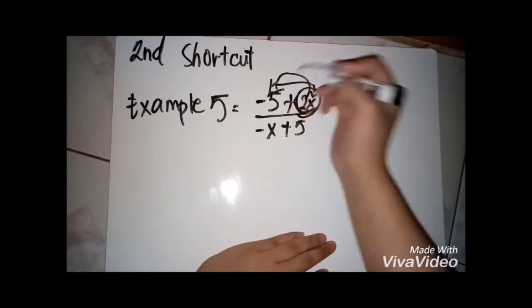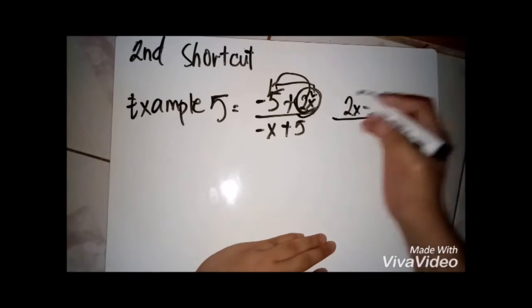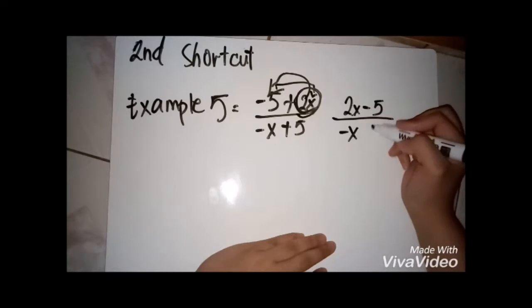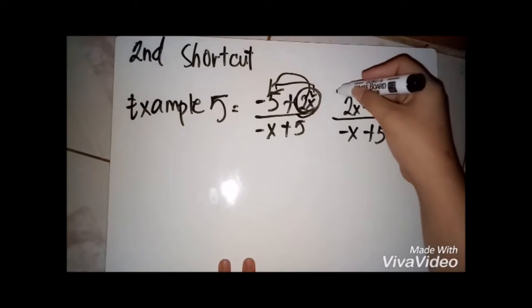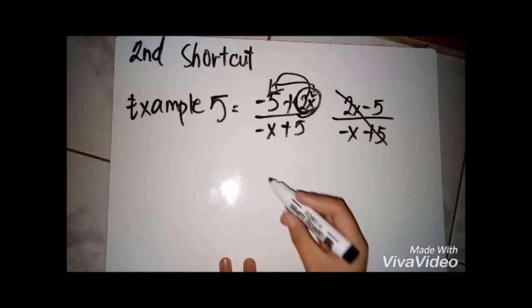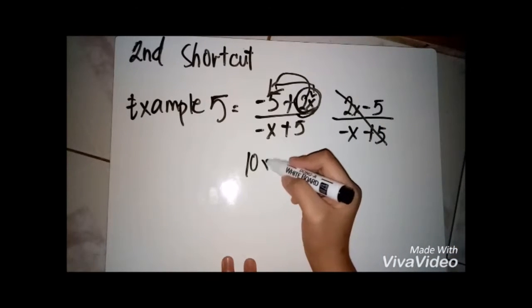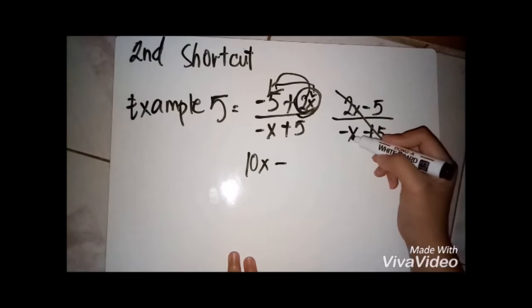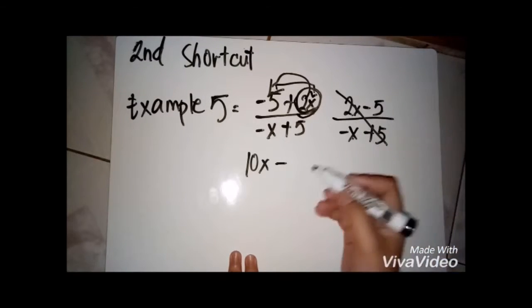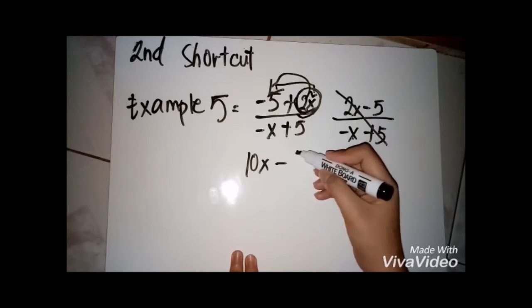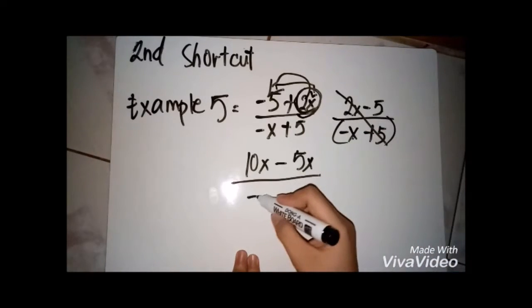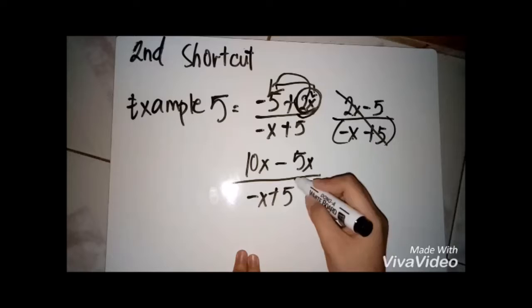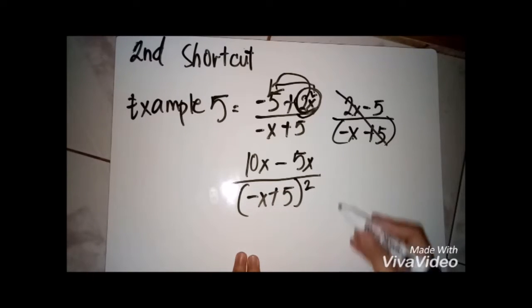We just interchange the position of the two terms. And we have negative x plus 5. So we proceed to the crisscross. 2x multiplied by 5, we have 10x. Then subtract the product of negative x and negative 5. So we have positive 5x over, just square it, negative x plus 5 squared.